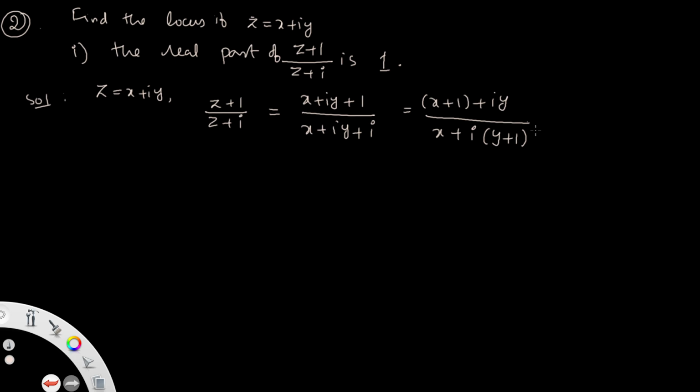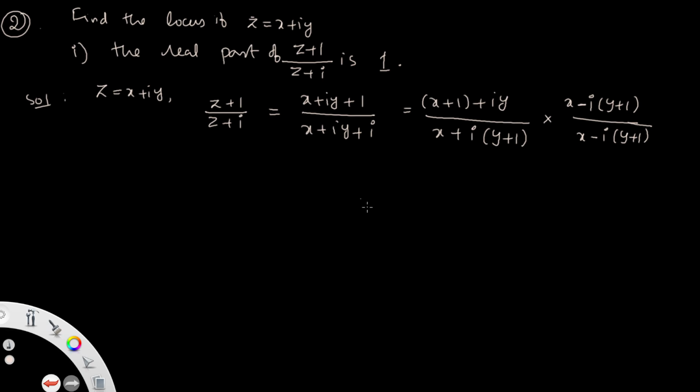Now for simplification we always write the conjugate: multiply and divide by x minus i into (y plus 1). Multiply and divide with its conjugate, then you get the simplification.